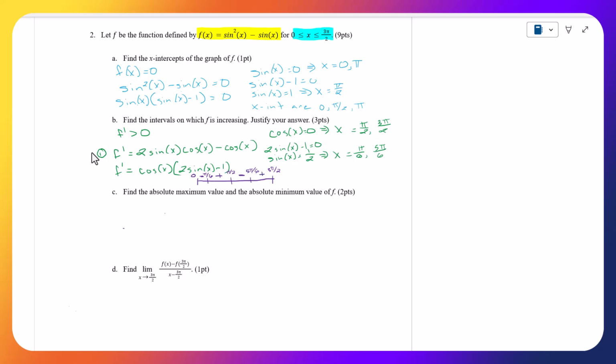And now we can say we're increasing. We are increasing where f prime is positive, or f prime is greater than 0. So we're increasing on pi over 6 to pi over 2, and, or in union with, 5 pi over 6, comma, 3 pi over 2, because f prime is positive.